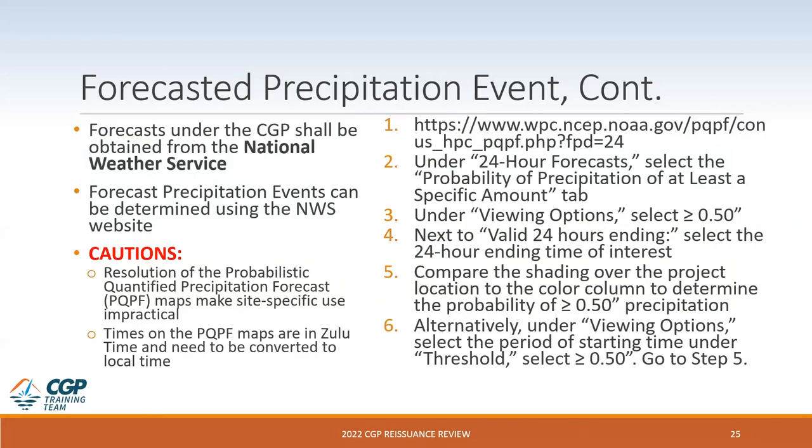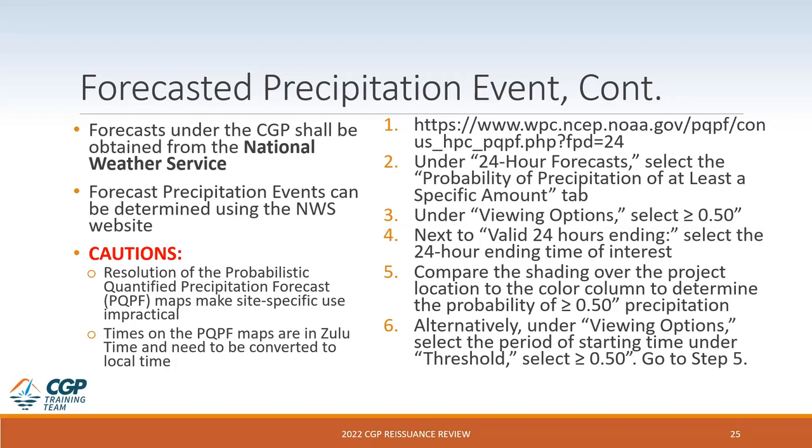Now, determining a forecasted precipitation event, again, we're going to be required under the CGP to use the National Weather Service tools. And I'm going to give you a few cautions here when using those tools. When it comes to forecasted precipitation events, resolution of the probabilistic quantified precipitation forecast maps makes site-specific use very impractical.